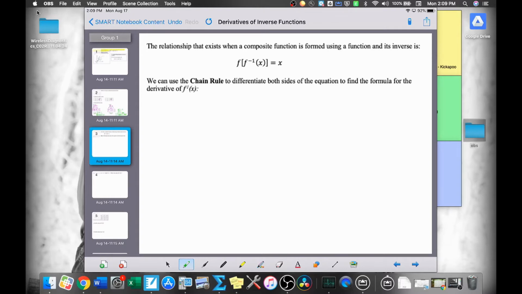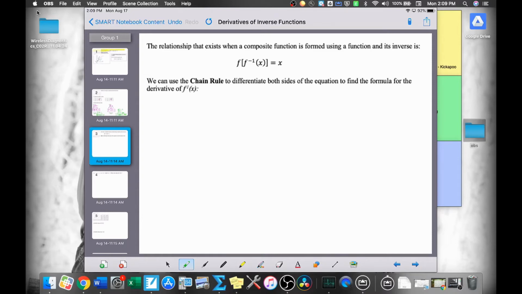Well, we can actually use the chain rule, and we can differentiate both sides of this equation to find a formula for the derivative of the inverse function f inverse x. So I will start by just showing that I am taking the derivative of both sides of the equation using Leibniz notation. And we're going to be getting into this shortly.